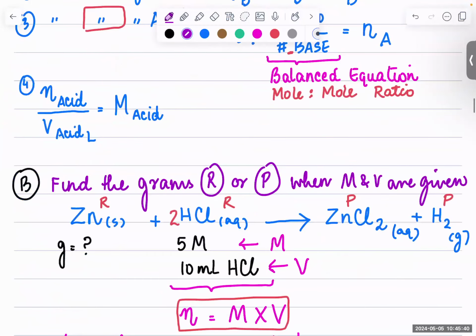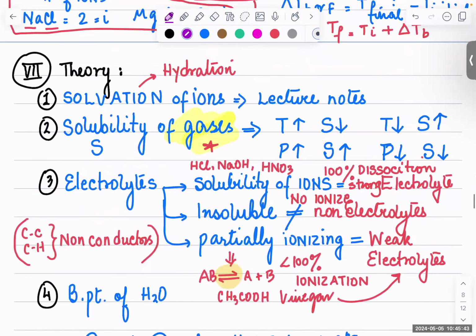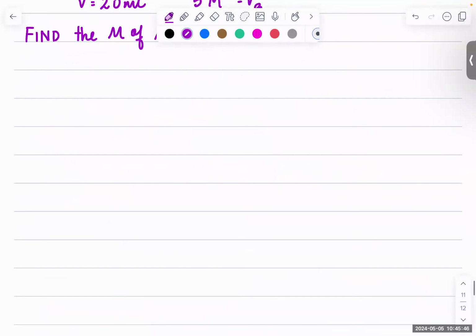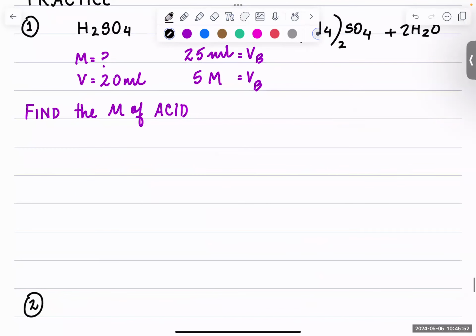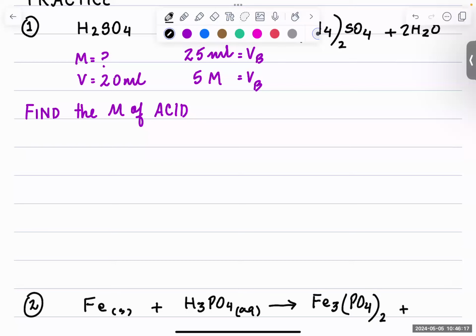So this is one. The next is, you are given iron as a solid reacting with H3PO4, which is aqueous, and this gives you Fe3PO4 whole twice plus H2O.